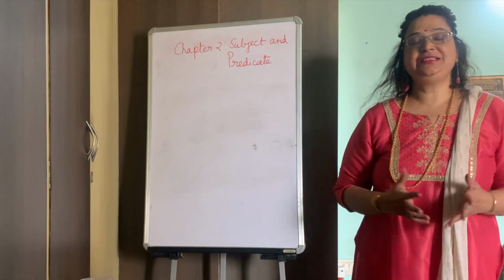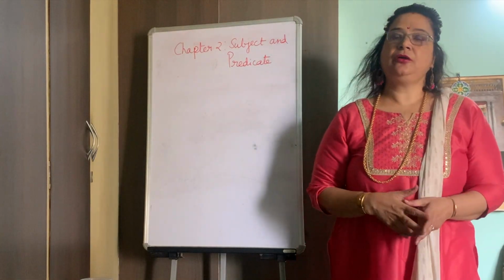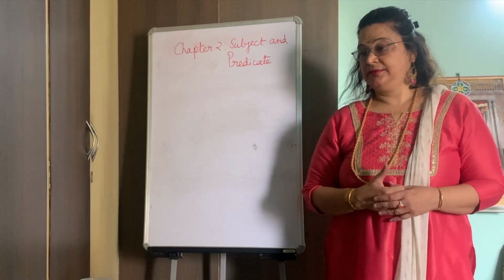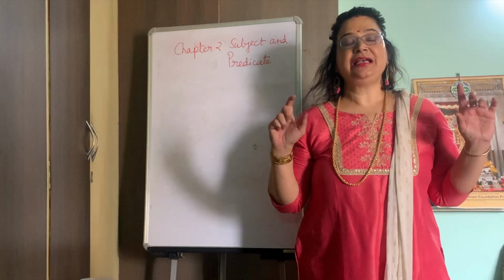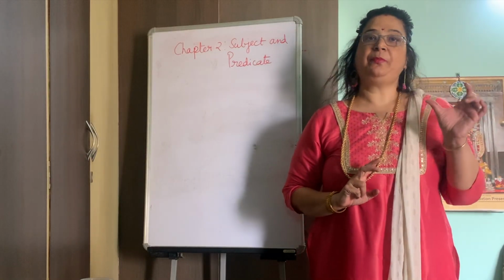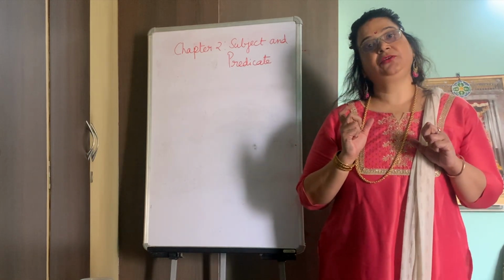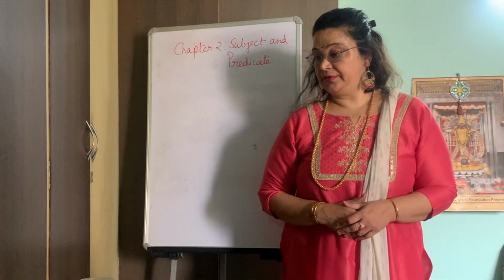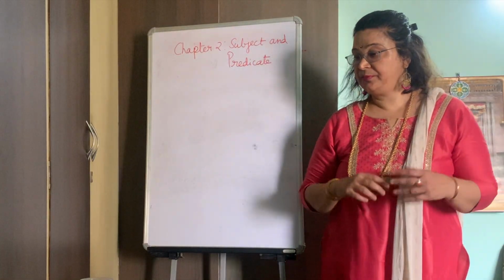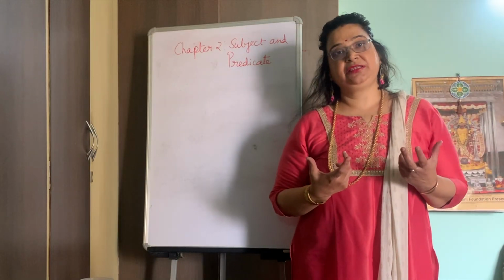When we make a sentence, we say something about someone or something. Every sentence has two parts. One part is the subject of the sentence and the other part is called its predicate. The part which names the person or thing we are speaking about in the sentence is called the subject.